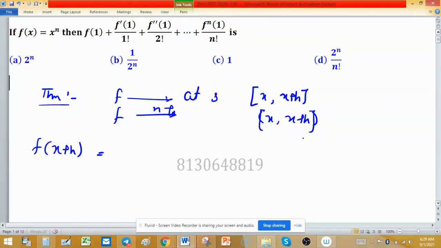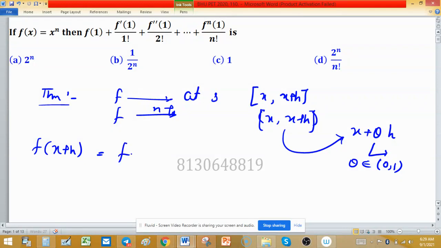So we will have some point in this interval, meaning the point will be larger than x: x + θh. θ must make it larger than x and lower than x+h, so θ must be in the open interval 0 to 1.